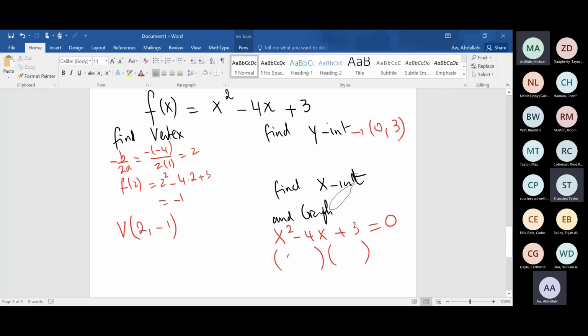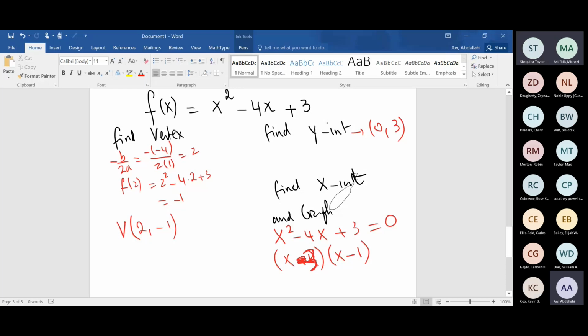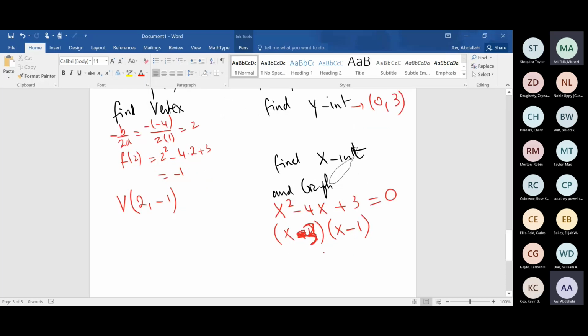I would say x minus 1 and x minus 3. So what are the two x-intercepts? We get x equals 3, x equals 1. So it's going to be (3, 0) or (1, 0), right?